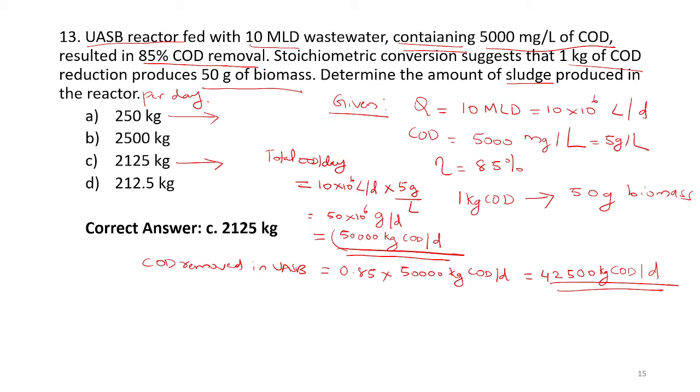So it is coming as 425 into 5, 25, 10, 12, 2125 gram biomass, which is equal to 2125 kg biomass, which is option C. Any doubt, anyone?